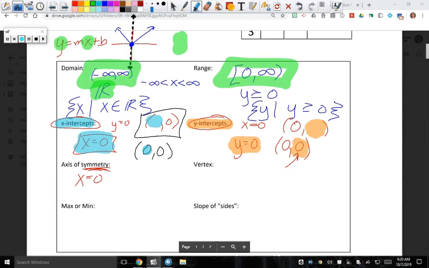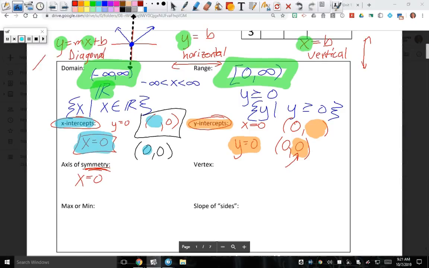If it only has y, what is it going to be? Horizontal. This is horizontal, where it looks like this. And if it only has x, what would it be? Vertical. And in this case, we see it's x equals 0. And if it has both, what would it be? Diagonal.